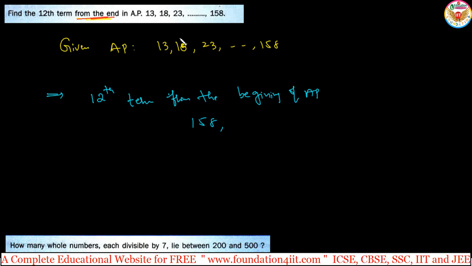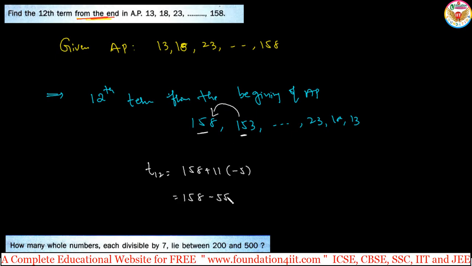So 13 to 18, 18 to 23, 5 is increased. So it should be decreased next: 153, and so on, 23, 18 and 13. So this is the first term from the end, second term, third term, and so on. If you find the 12th term, that is nothing but the 12th term from the last. Right? You can use this same formula. So T12 is a plus 11d. So 158 plus 11 into the difference, which is minus 5, term minus previous term.